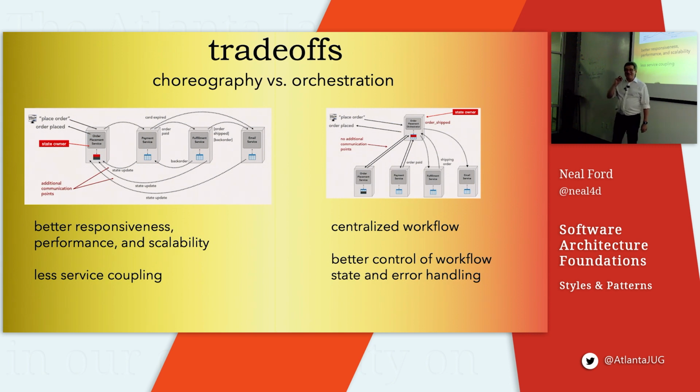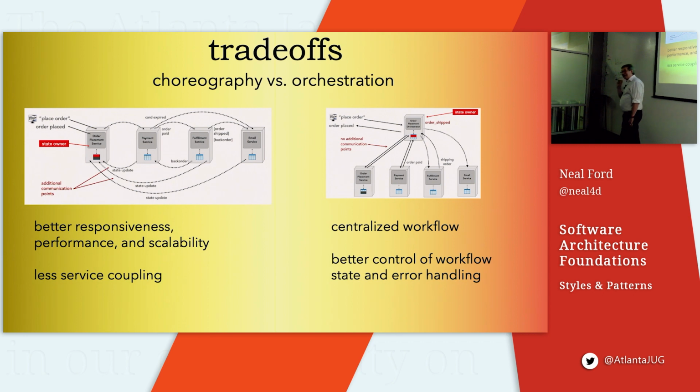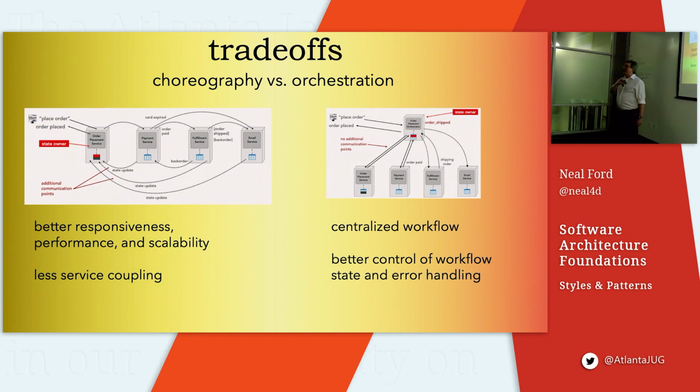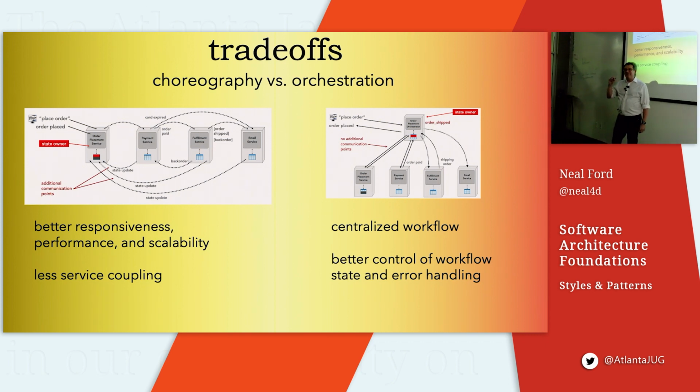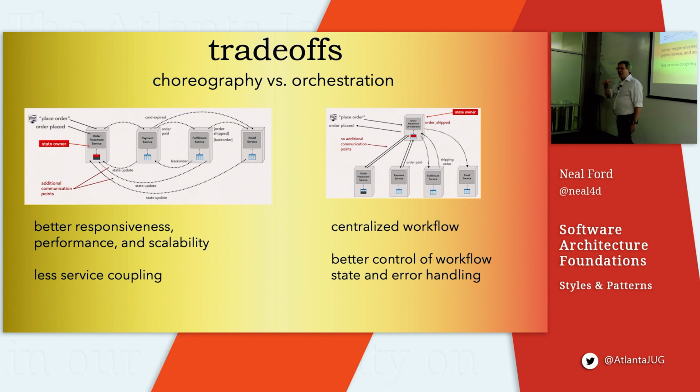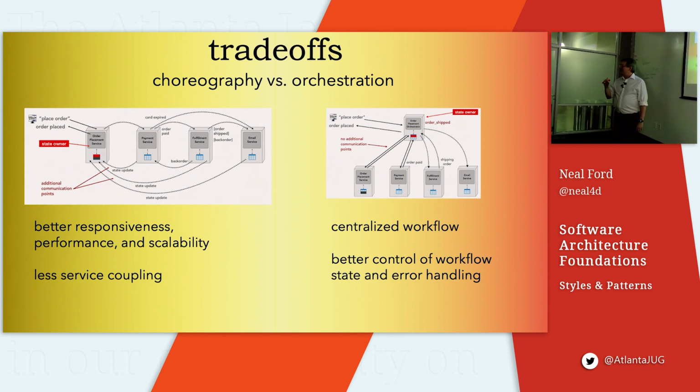One of the things they did say, though, at the very end, was that if you have complex workflows, consider using an orchestrator because all that complexity has to go somewhere. So even ChatGPT knows that you should use an orchestrator if you have complicated workflows in your ecosystem.